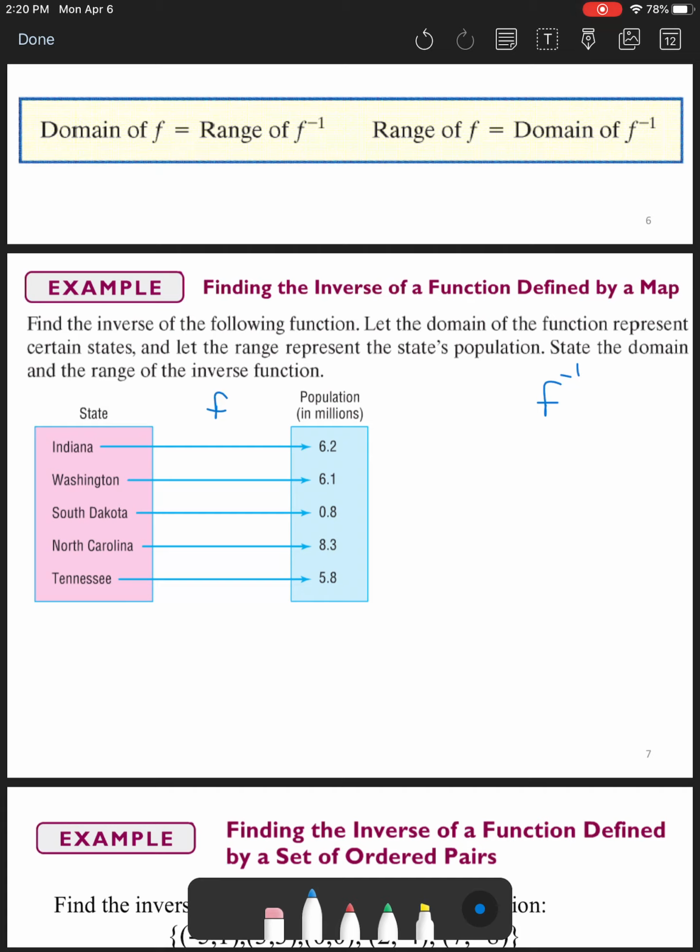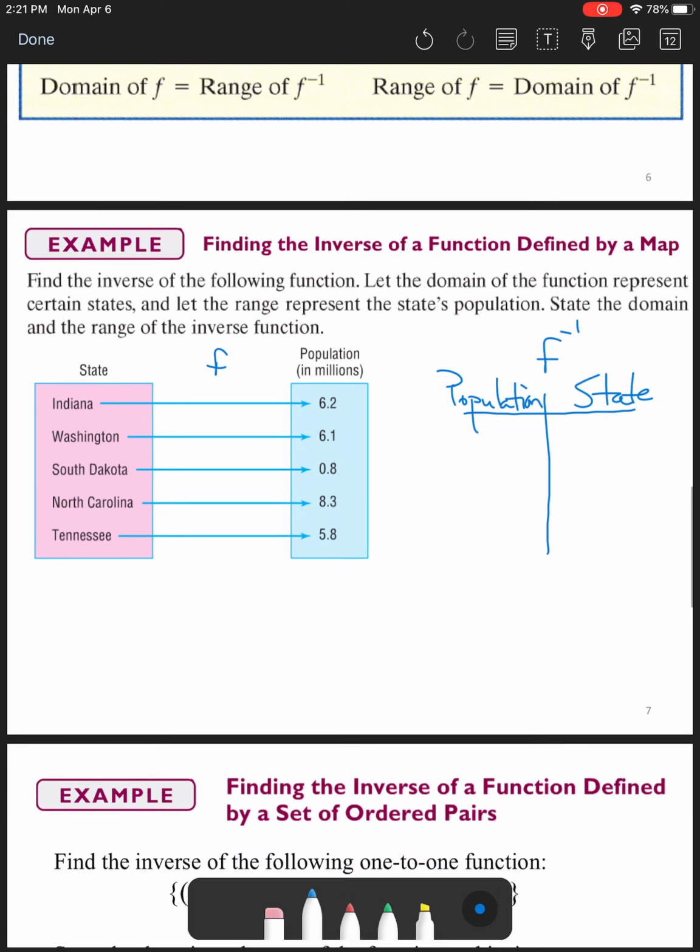Well, if that's the original function, then the domain of the inverse function would be, and you got it, the population. And the range would be states. And then you just put all the values that are associated with it.